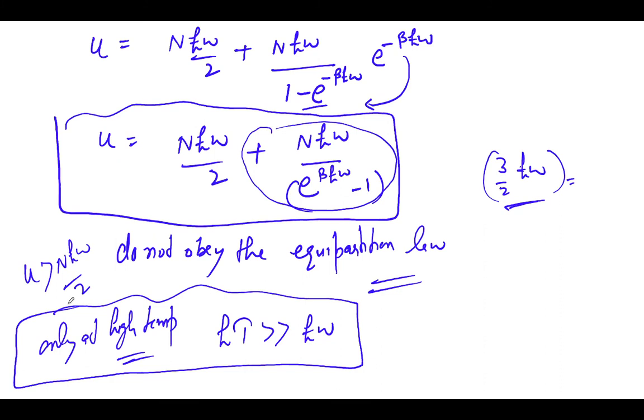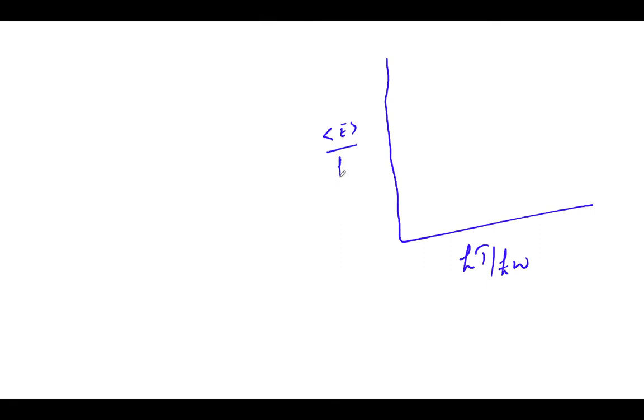Now let us try to plot it on the graph. If you plot the energy of this oscillator, kT over h bar omega, with respect to the expectation value of this average energy, which is equal to u value, it is something like a straight line for the classical treatment.